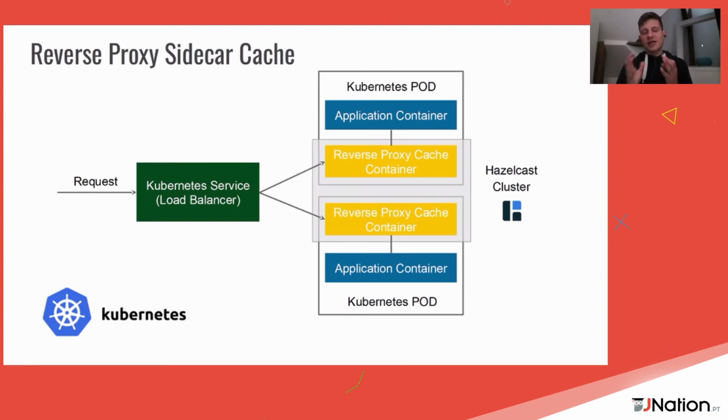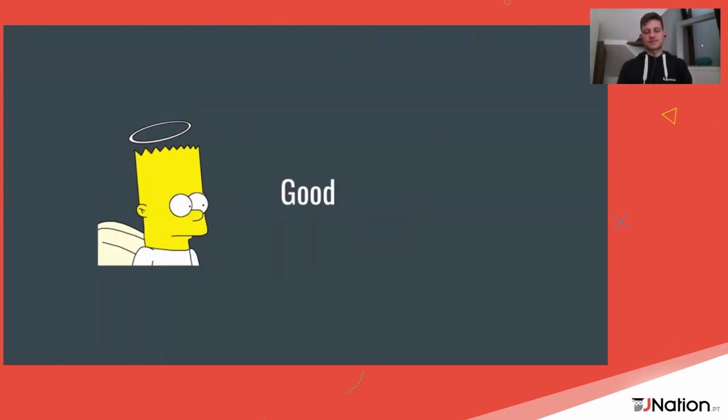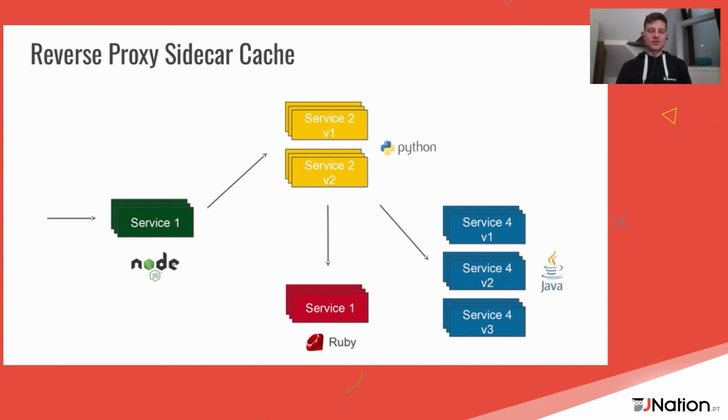Now, this whole idea about reverse proxy caching and about application not being aware of the cache, it has some good and bad sides. So starting from the good sides. So good thing is, and why you would use it. So imagine your microservice system. This is a diagram from the beginning of this presentation.